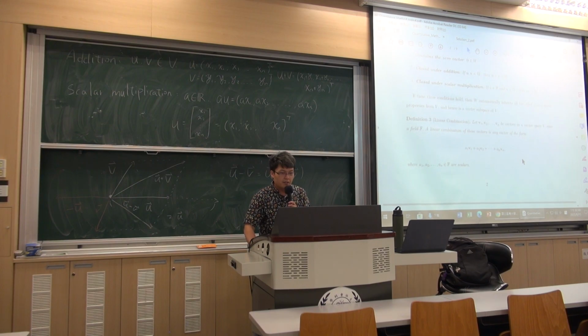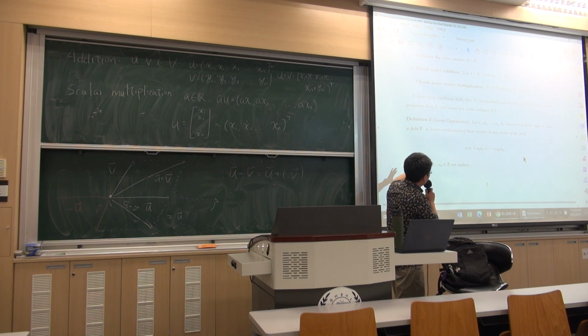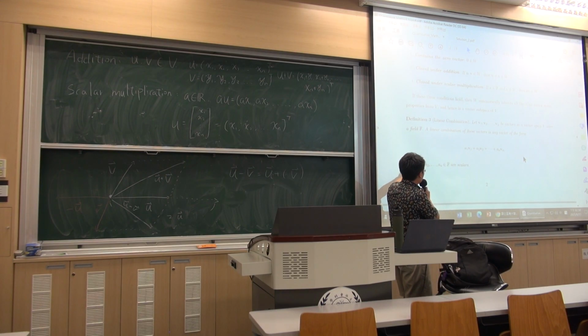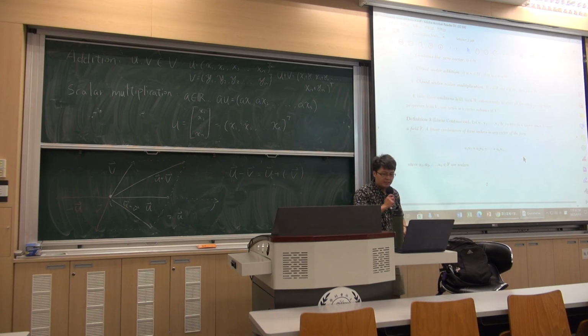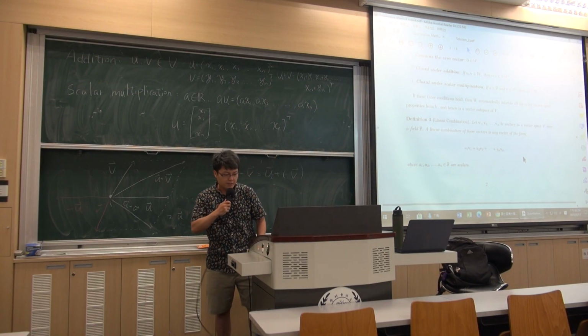And then it's the linear combinations. This is the textbook definition of linear combinations, meaning that I have a bunch of vectors and corresponding scalars, multiply them one by one, and then add them up. I would like to write it down in the following way.